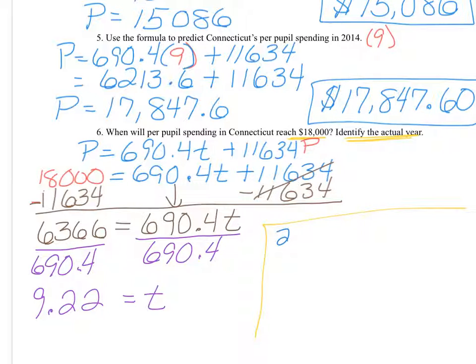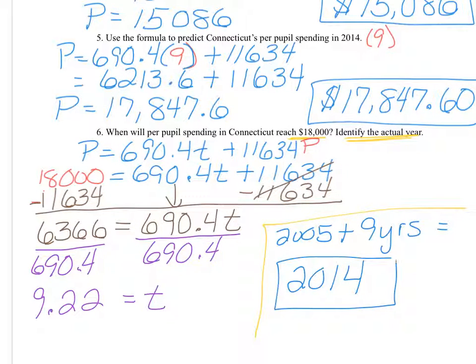So 2005 plus 9 years is equal to 2014. That's when we would reach that price, $18,000, which makes sense because if you look back at number 5, we were close to $18,000 at the beginning of 2014, $17,847.60.